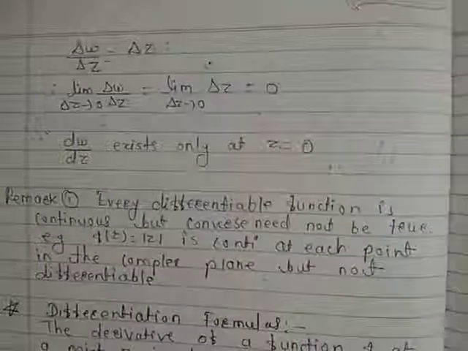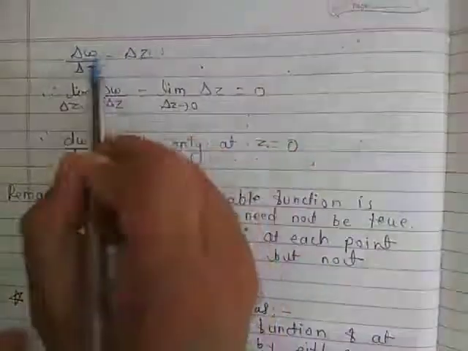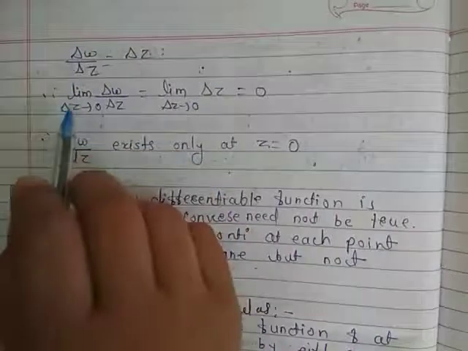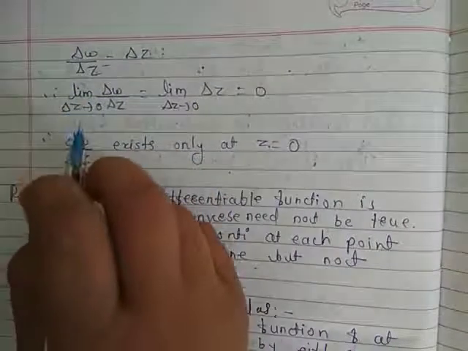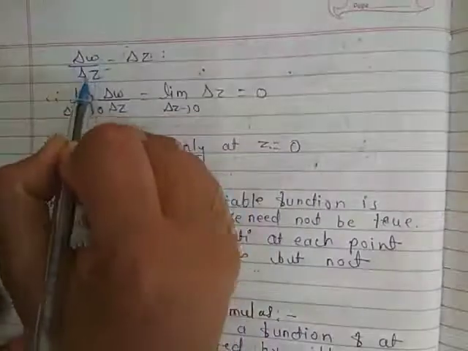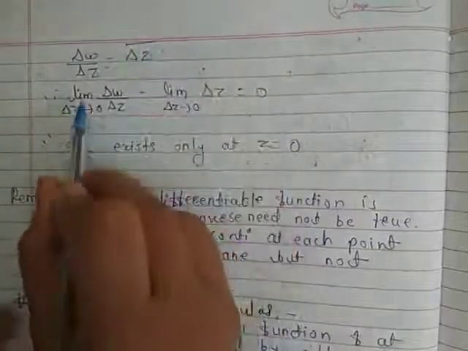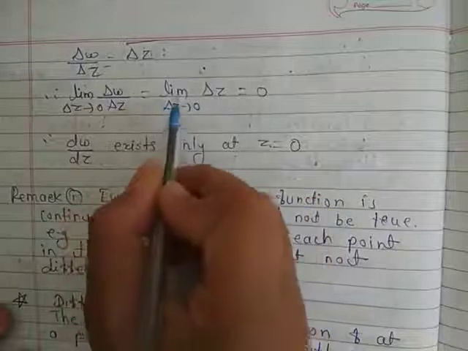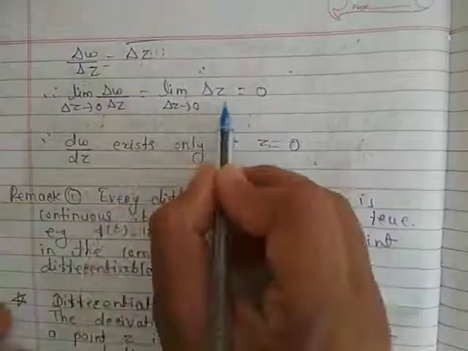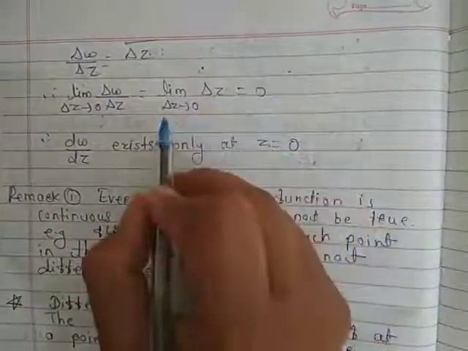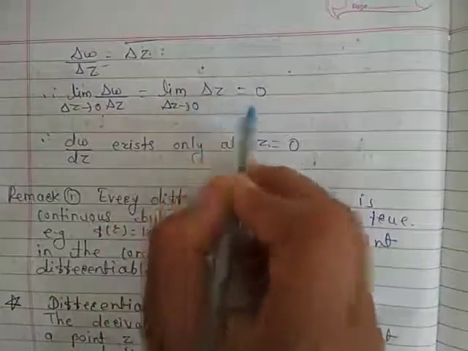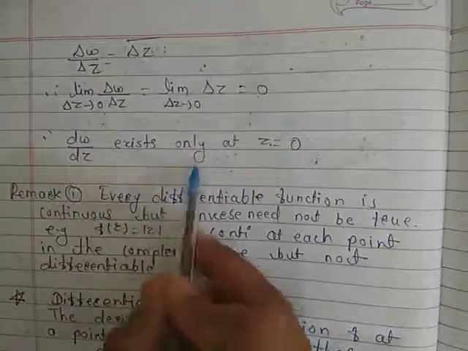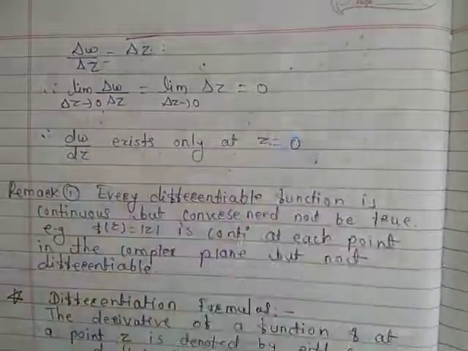So the limit as delta z tends to 0 of delta omega upon delta z is equal to the limit as delta z tends to 0 of delta z bar, and obviously as delta z tends to 0, this limit will be 0. So d omega upon dz exists only at z is equal to 0.